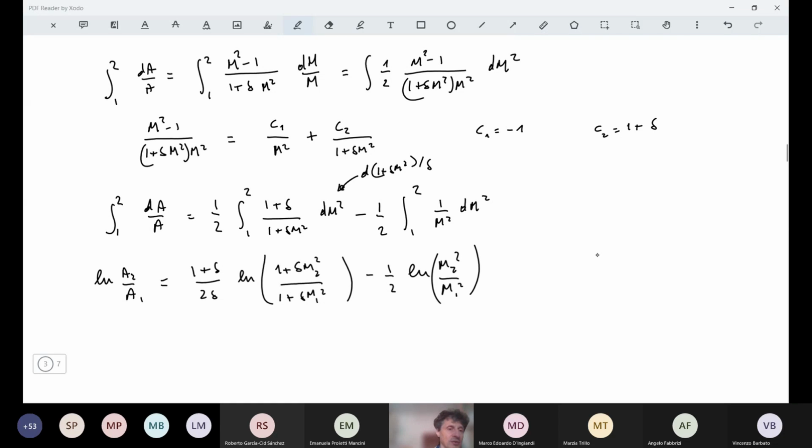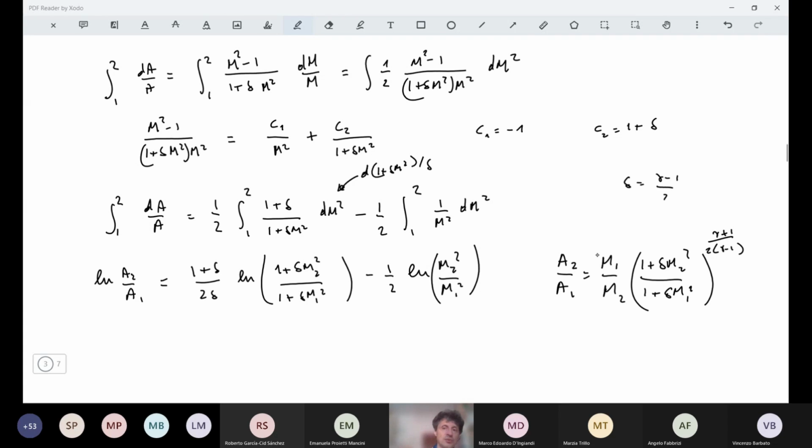Exploiting the properties of logarithm, we obtain the relation between A2, A1 and the two values of Mach number, which is something very well known. A2 over A1 is equal to M1 over M2, times 1 plus delta M2 squared over 1 plus delta M1 squared, to the power gamma plus 1 over twice gamma minus 1. Of course, always exploiting these two symbols, gamma and delta, which are related with each other.